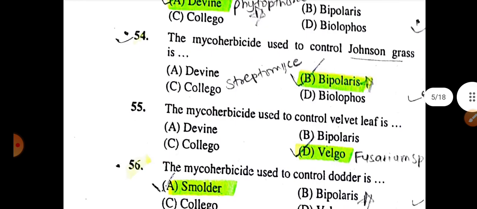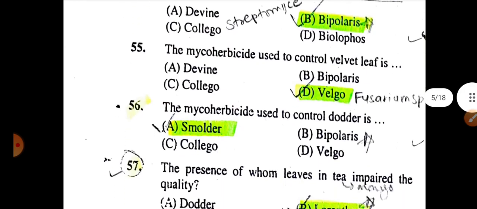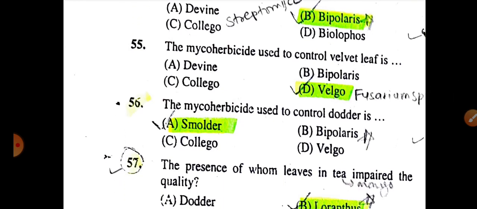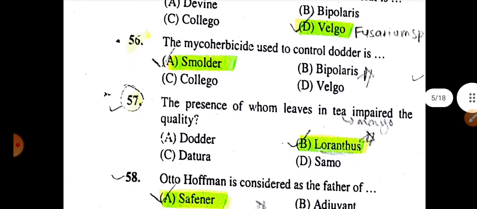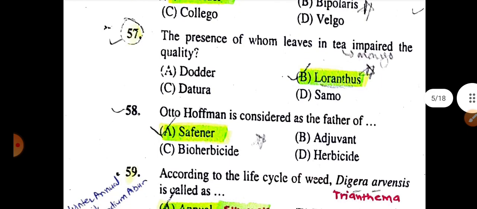A mycoherbicide used to control Johnson grass is Bipolaris, causal organism Streptomyces species. A mycoherbicide used to control velvet leaf is Velgo, causal organism Fusarium species. A mycoherbicide used to control dodder is Smolder, Cuscuta species.